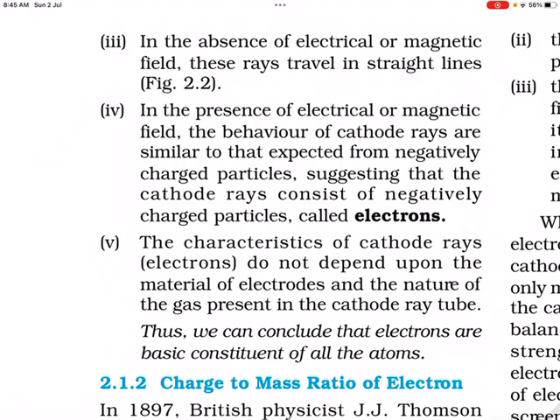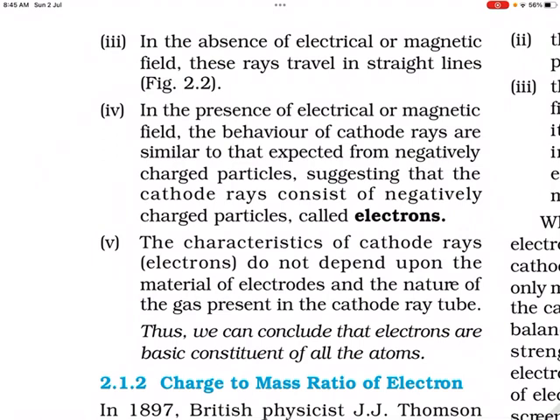The behavior of the cathode rays is similar to that expected from negatively charged particles, suggesting that cathode rays consist of negatively charged particles called electrons. That is how the discovery of the electron is complete. If you need it from a CBSE point of view, you can take this.